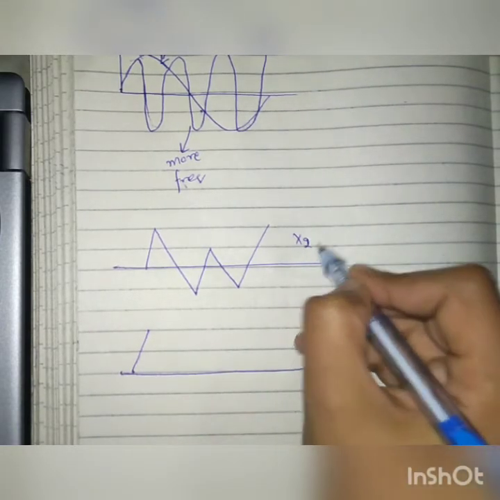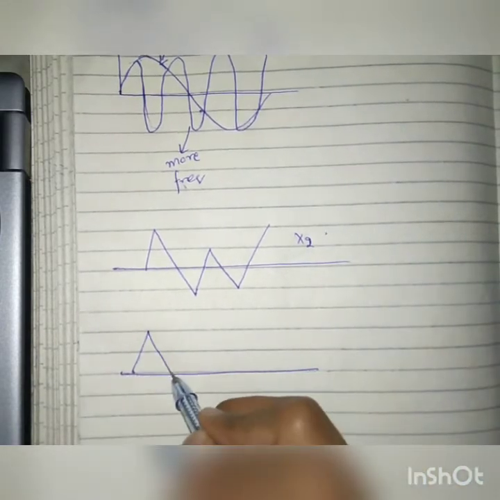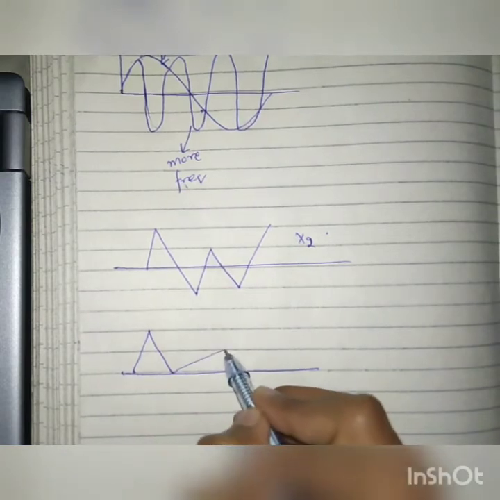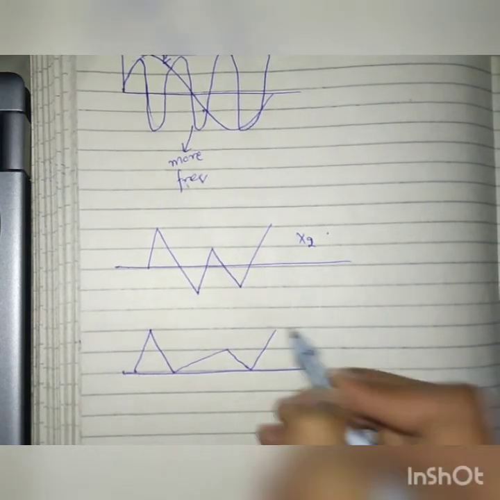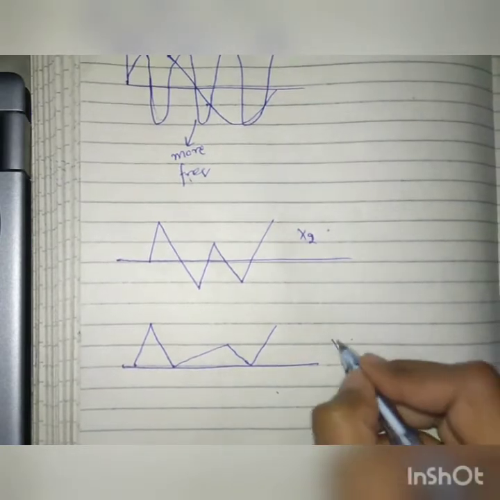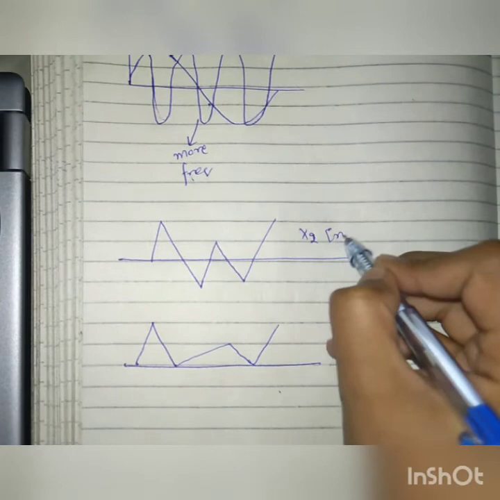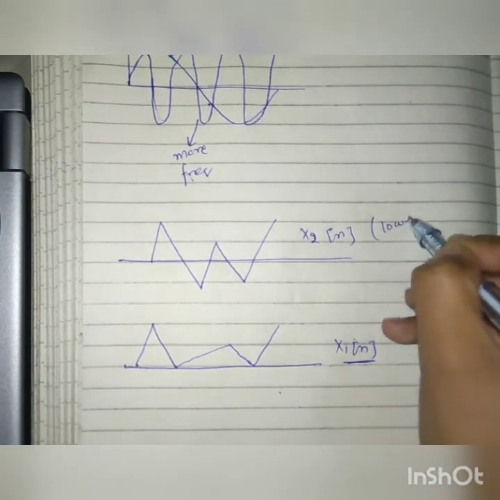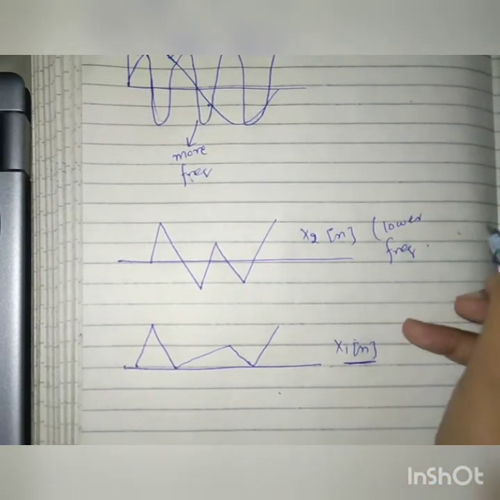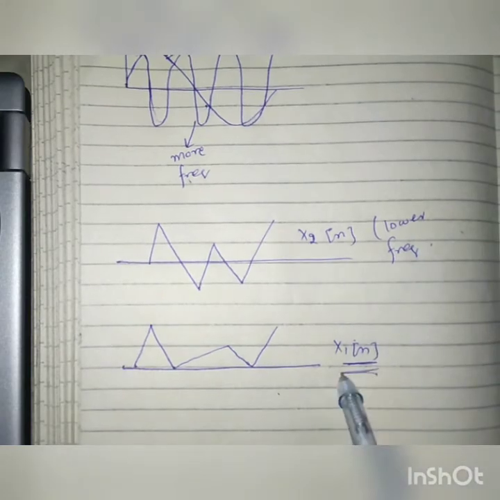So this is x2 of n, this will be x1 of n. If this is x1 of n, this is x2 of n, its lower frequency is removed, and this is the original signal.